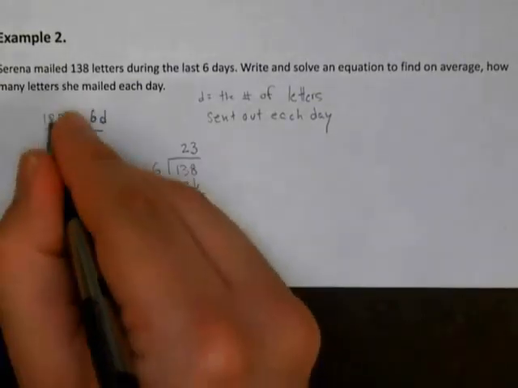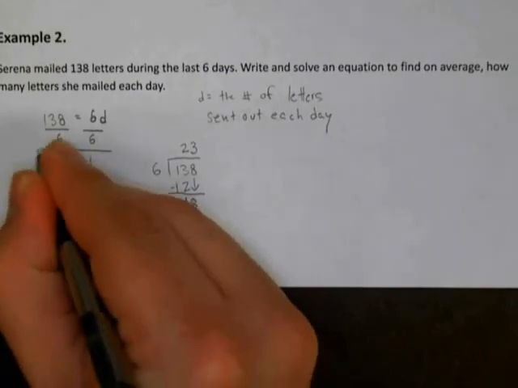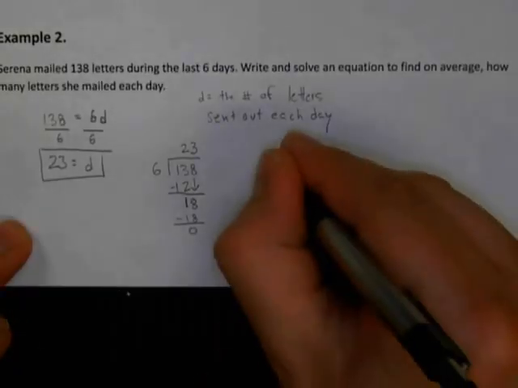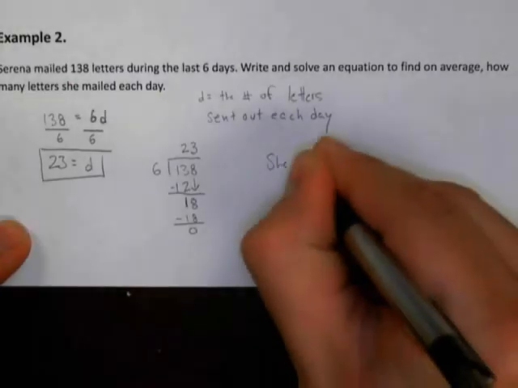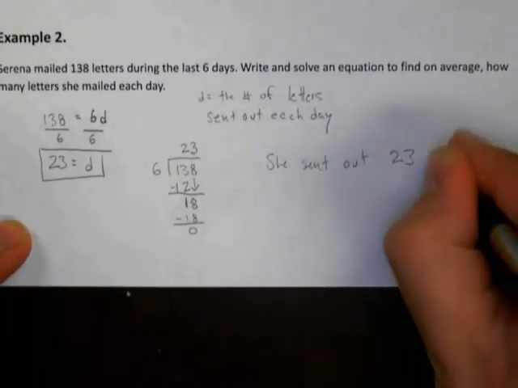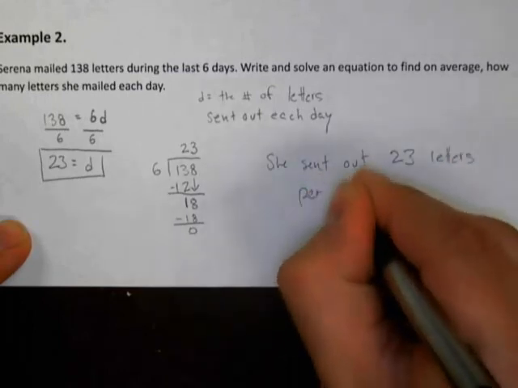Therefore, 138 divided by 6 is 23. So what that means then is if she sent out 138 letters in 6 days, she sent out 23 letters per day on average.